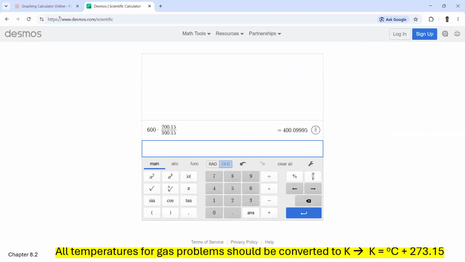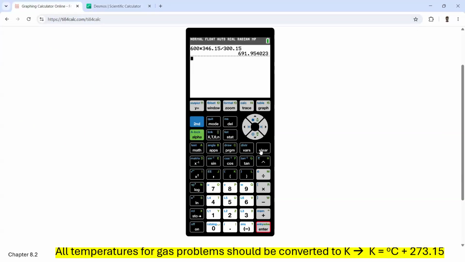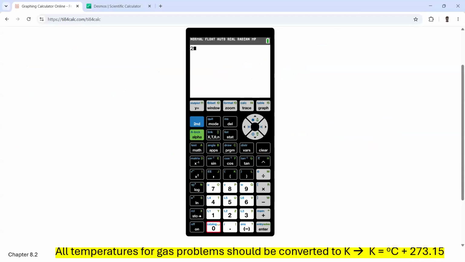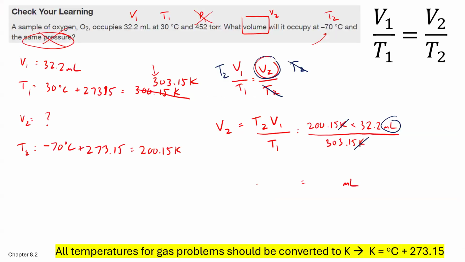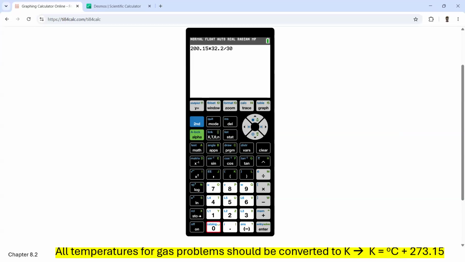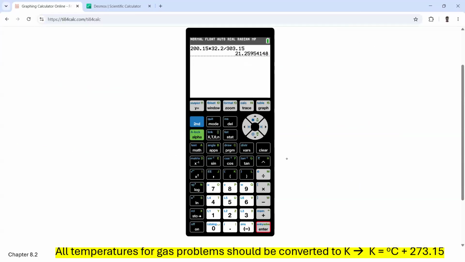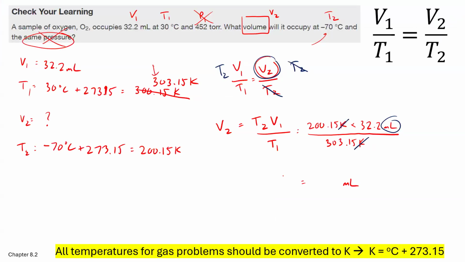Let's use a fresh calculator. 200.15 times 32.2 mils divided by 303.15, and we got 21.3. Let's see here, 21.3 mils.